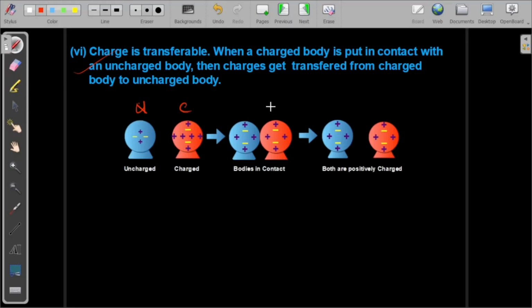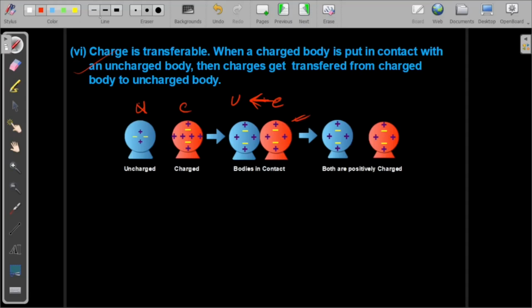Then charges will flow from the charged body to the uncharged body until they are distributed uniformly on both bodies.